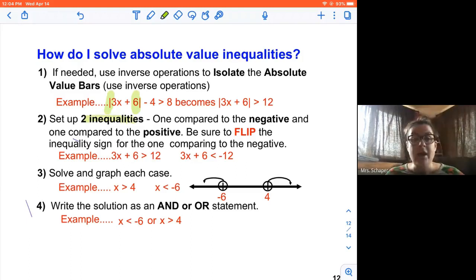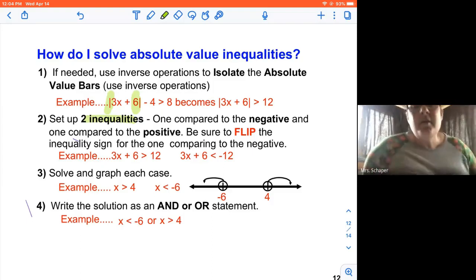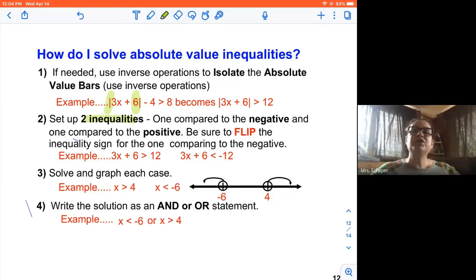One is going to compare to the negative side, and one is going to compare to the positive side. We're going to talk about how to do that. And then you're going to graph each case and write it out. There are quite a few steps in this, so we want to take an opportunity to walk you through them. This will be a good slide to go back to and cross-reference, as this is what we're going to be doing.